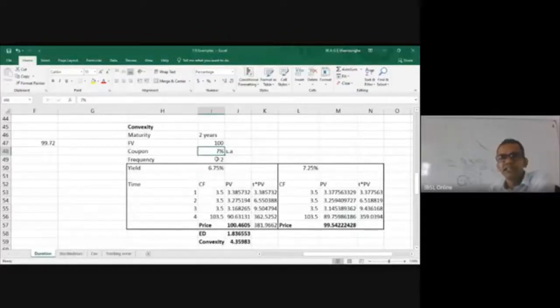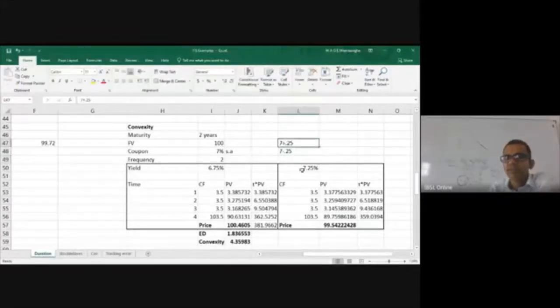So what I have done, from 7%, change the yield by 0.25%. That means 25 basis points. We add 0.25% to the 7%, then we get yield 7.25, like 7 plus 0.25 and 7 minus 0.25. These are the yields that I have considered. 6.75, sorry.